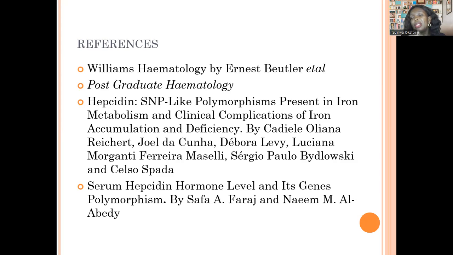Hepcidin does this by acting on an ion channel called ferroportin that allows iron efflux, either when iron is being absorbed from the proximal duodenum, or when iron is being released from ferritin in the hepatocyte or from ferritin and hemosiderin in the splenic macrophages.